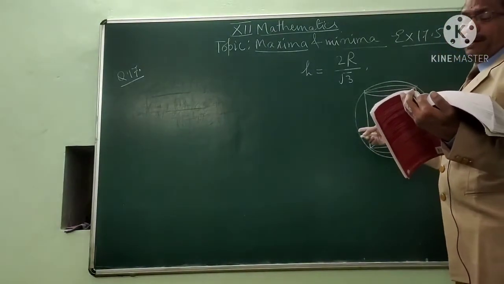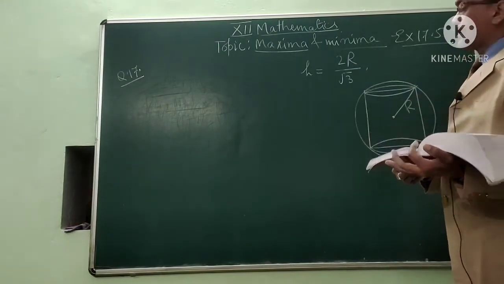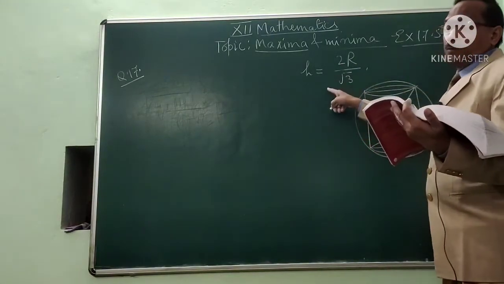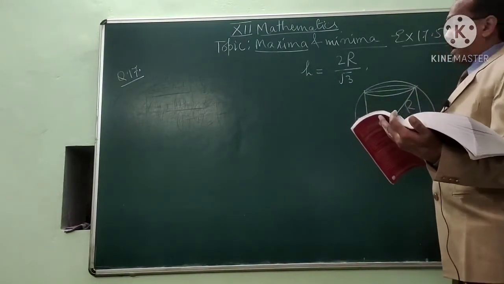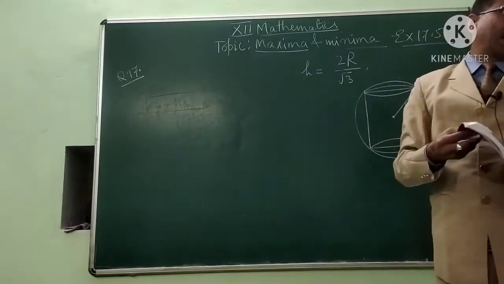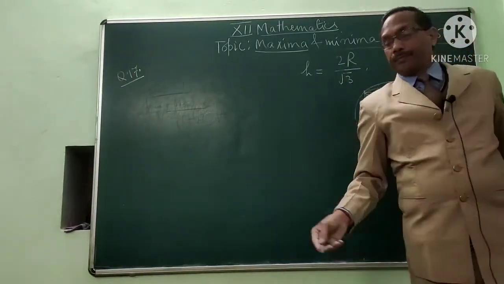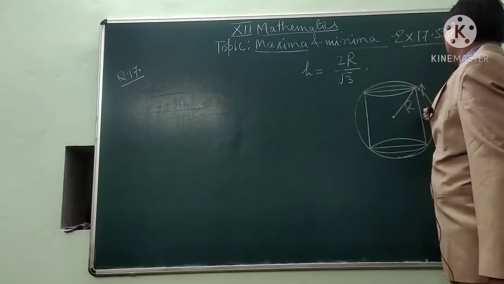We have to find the maximum volume, so that the height of the cylinder of maximum volume that can be inscribed in a sphere of radius r is 2r upon root 3. It is the height of the cylinder that we have to find.